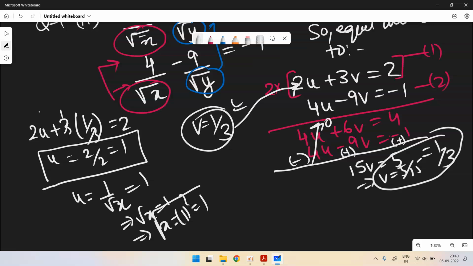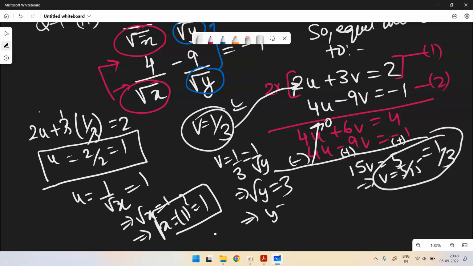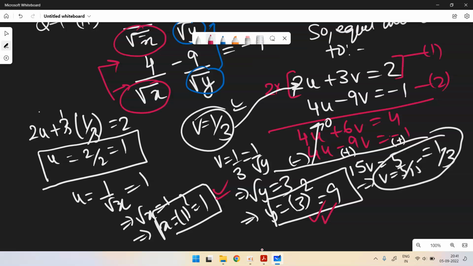So the value of x is 1. And from v equal to 1 by 3, equal to 1 by under root y, under root y equals 3, so y equals root 3 whole square, which is 9. So the value of x is 1 and the value of y is 9. This is your answer.